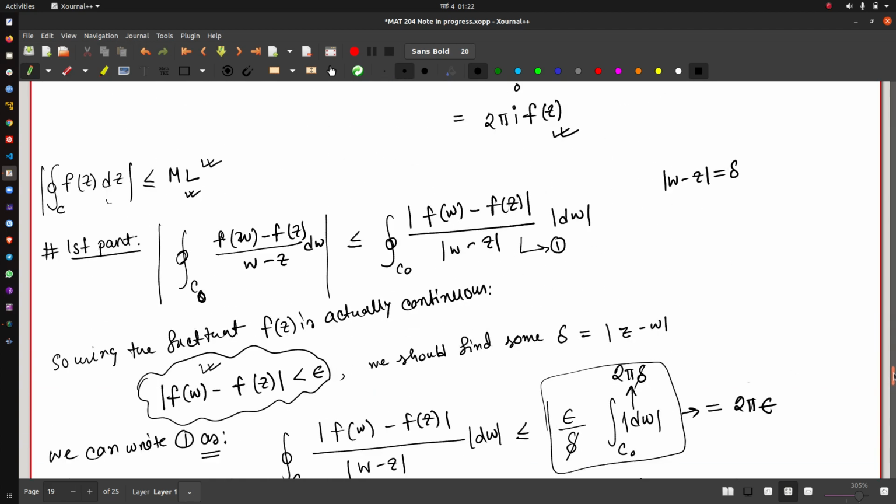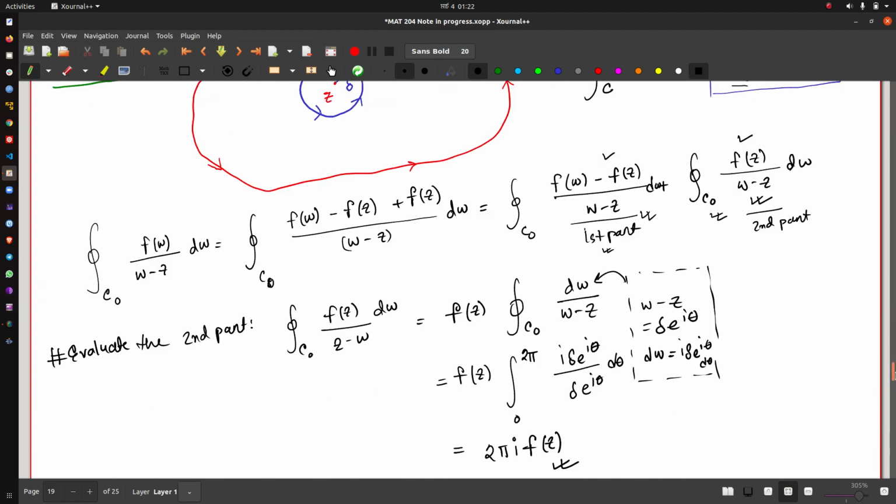So if that is the case, then this guy will ultimately go to 0, and this guy will ultimately contribute a 2 pi i f of z, right?